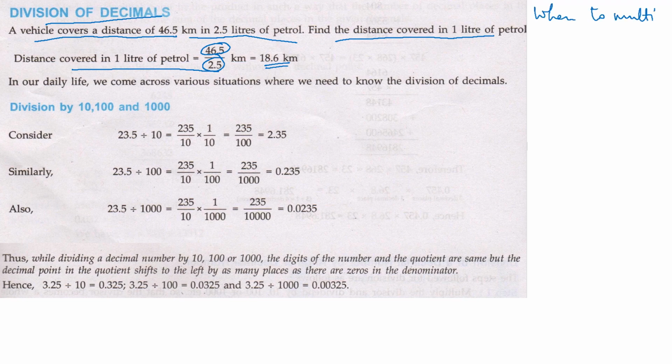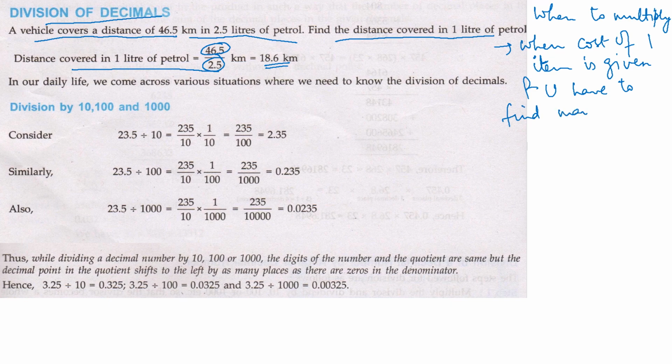divide. So when to multiply, always keep in mind: when the cost of one item is given and you have to find the cost of many, then you will do multiplication.